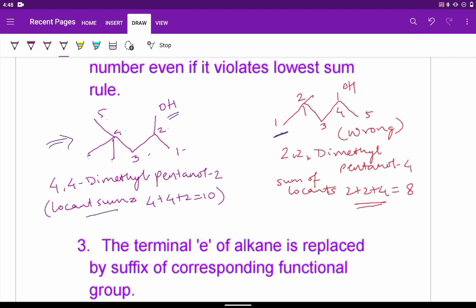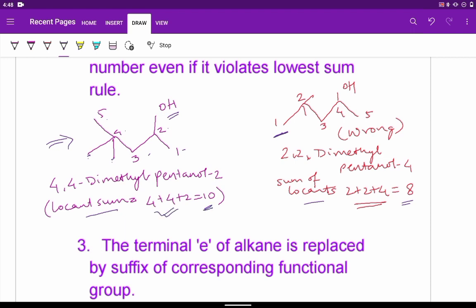So here it becomes 2,2-dimethylpentan-4-ol. The sum of the locants will be 2 for one methyl, another 2 for the other methyl, plus 4 for the OH group. The sum of the locants is 8. Now see, this is 8 whereas that was 10. But still the earlier one is right.